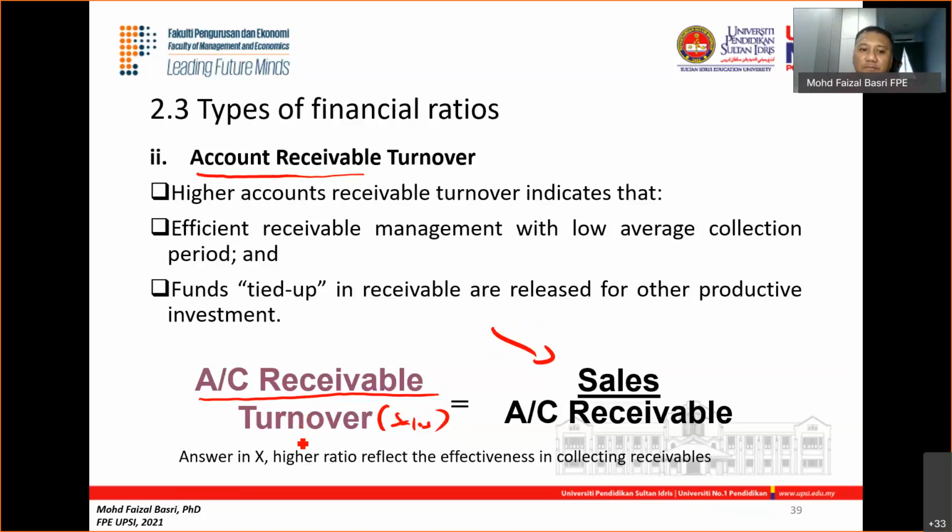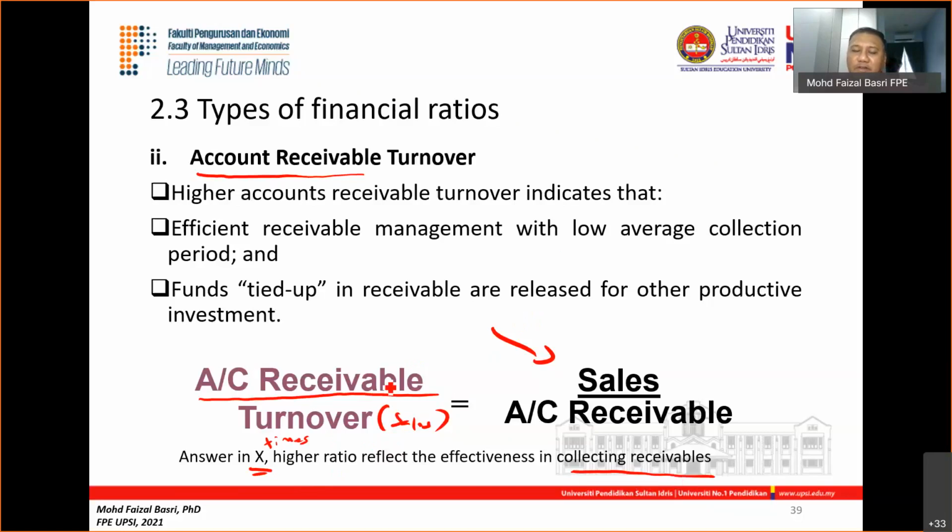So when we talk about ratios in times, the higher the ratio, the better for the company. It means the company is efficient or effective enough to do something. In this case it is about collecting receivables.